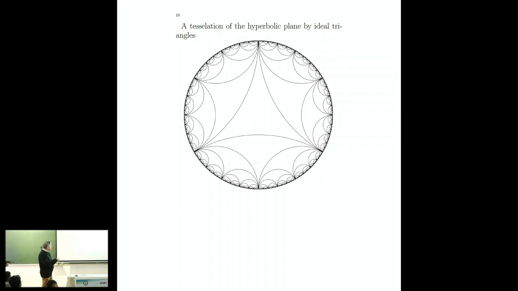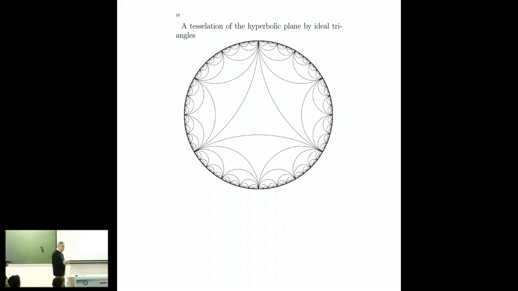This is an ideal triangle. I mean, all of these are ideal triangles. You see, I said I want to give an idea of hyperbolic geometry. So one of the basic things of hyperbolic geometry is the existence of these ideal triangles. Ideal triangles, that is, vertices are at infinity, and the angle at the vertices is 0.